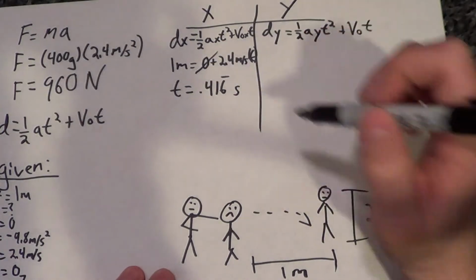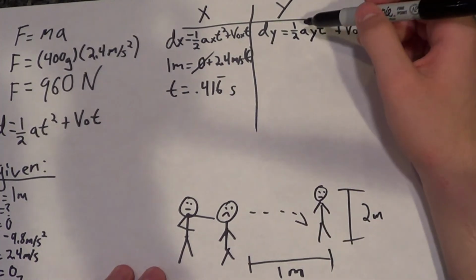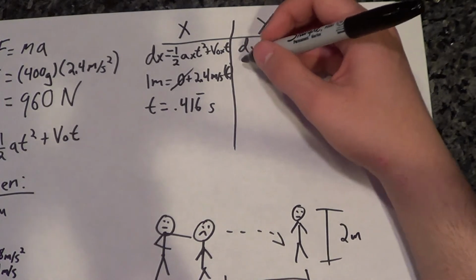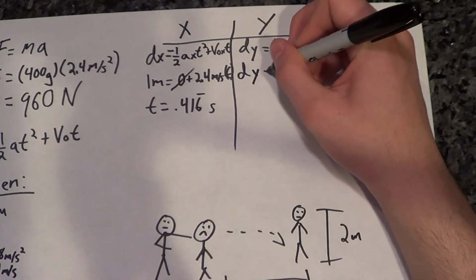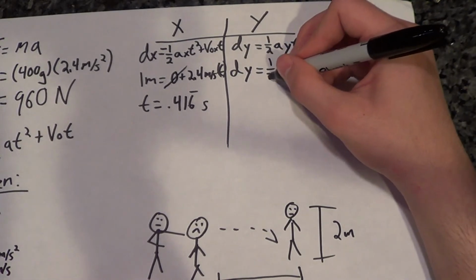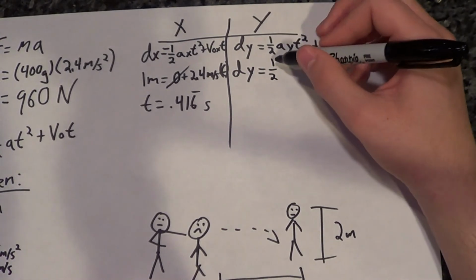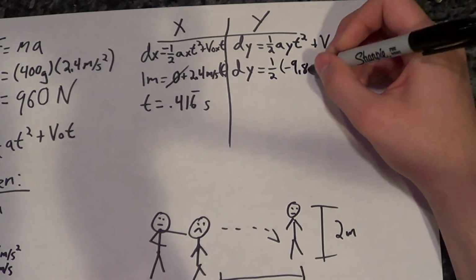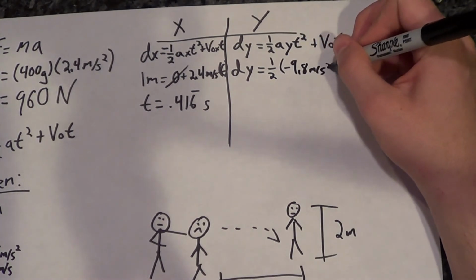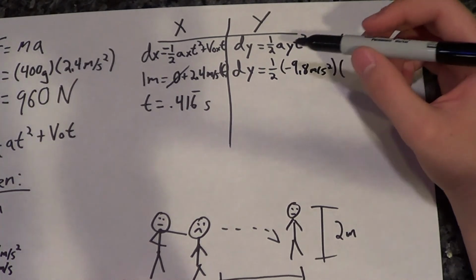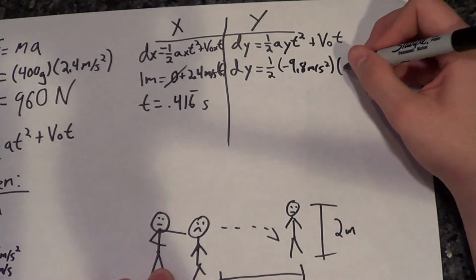Now, since I have that, I can solve this equation on the y side using that. So now I just input what I have. I don't know what distance in the y direction is, that's what I'm solving for, and I input my other values. 1/2 acceleration, negative 9.8 meters per second squared, acceleration of gravity, and time, which I now know.